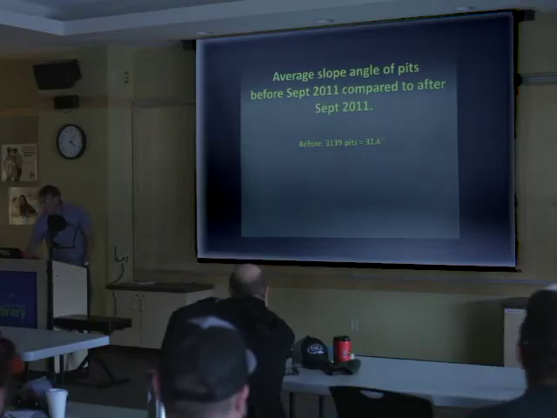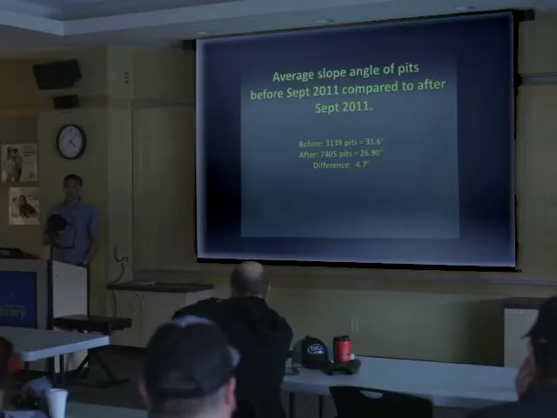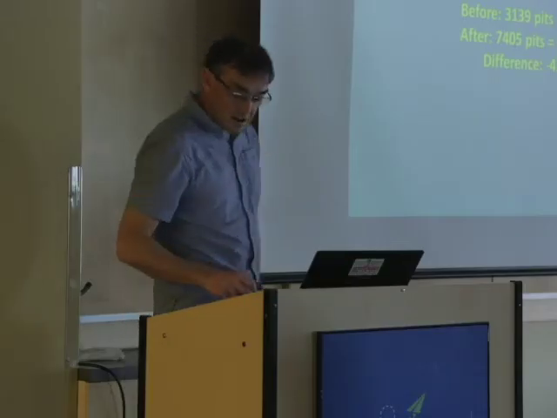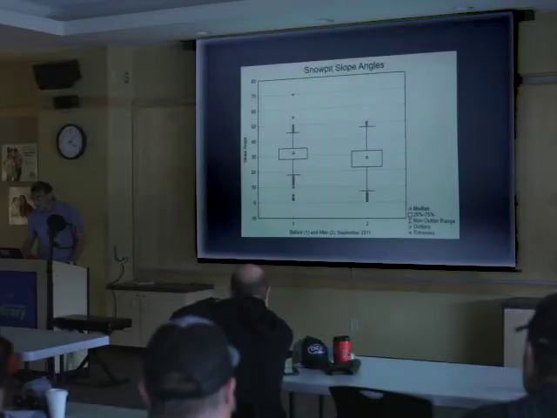After that, looking at 7,400 pits, the angle dropped to 26.9, which is a difference of 4.7 degrees. So that's significant. And so we know that our behavior as a population has definitely changed, where we're not necessarily going out onto steep slopes as often.